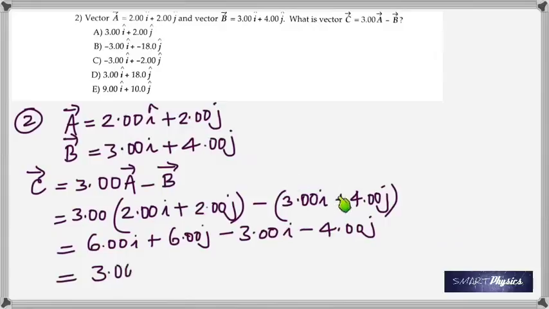Because negative times positive is negative. And now you have 6i minus 3i, which is 3i. 6j minus 4j is 2j, and that's the answer.